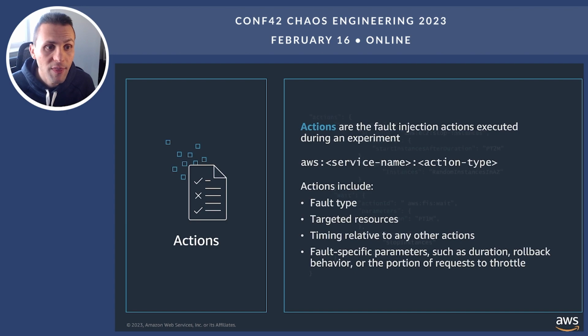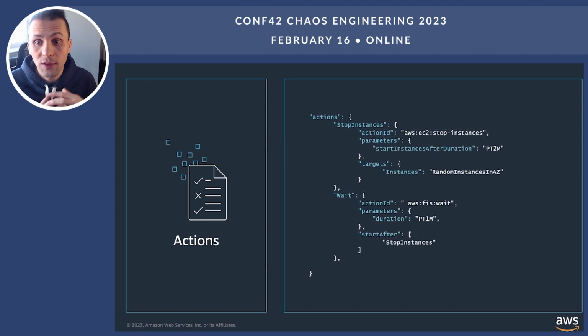As an example of an action, you can see here on this JSON representation, you have two actions defined. One is a stop instance action and the other one is a wait action. Notice that the wait is ordered to execute only after the stop instance action has sequentially executed.